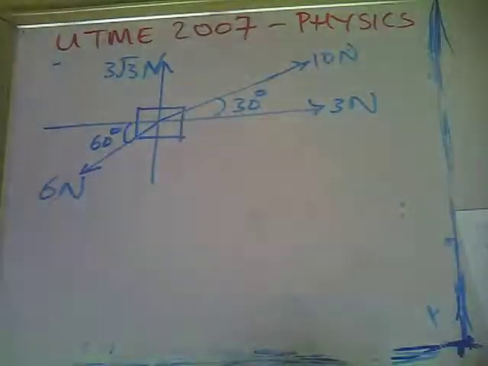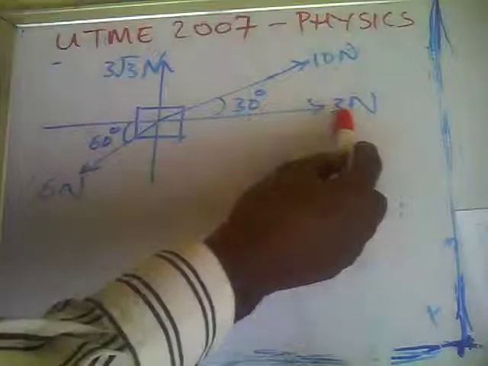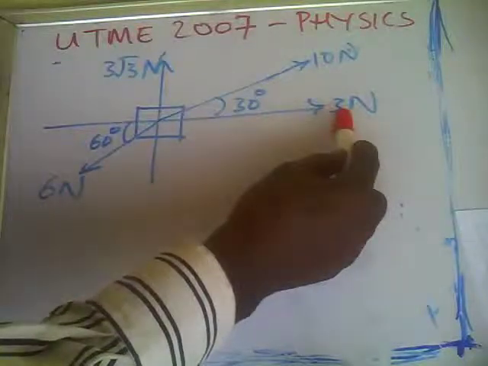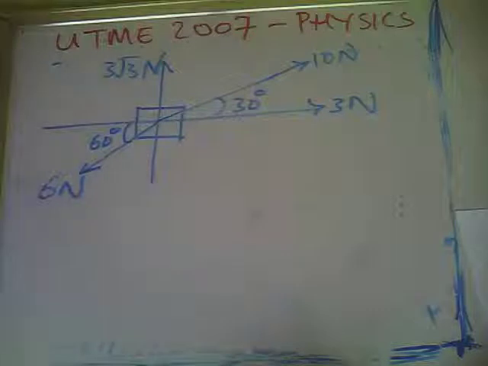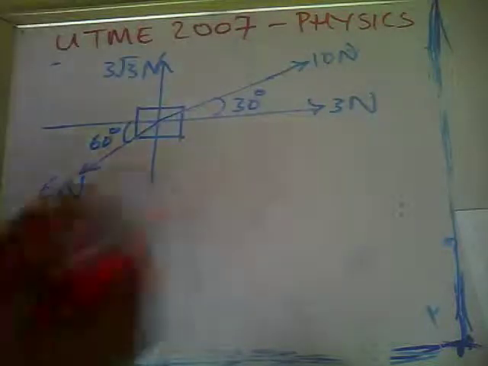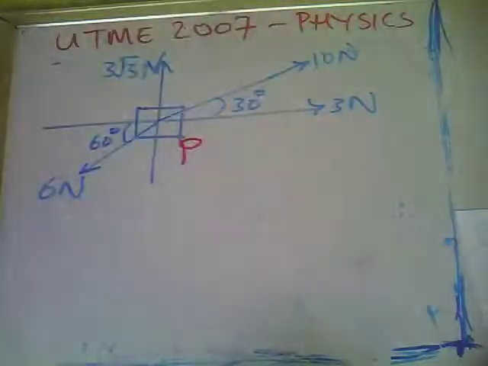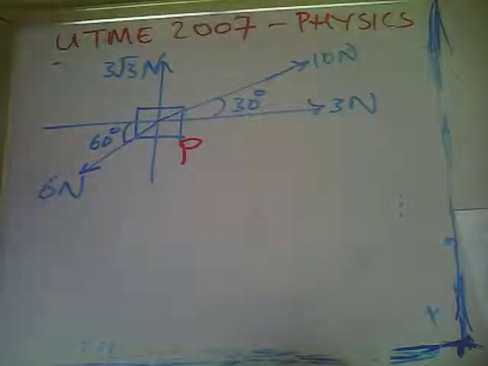The question is, the figure above shows four forces, 3 Newton, 10 Newton, 3 root 3 Newton, and 6 Newton, acting on a particle P. The resultant of the four forces is what? This is a lovely question.